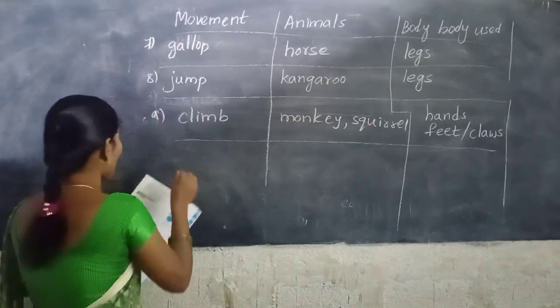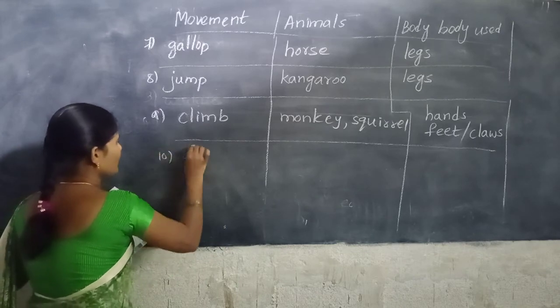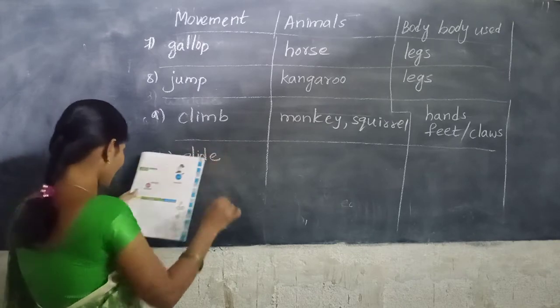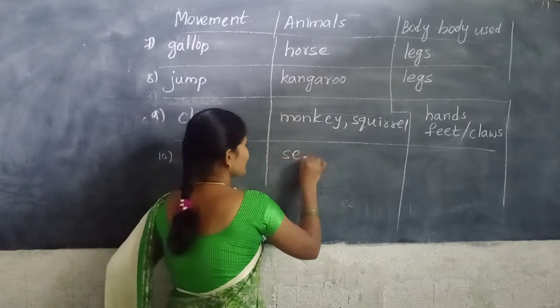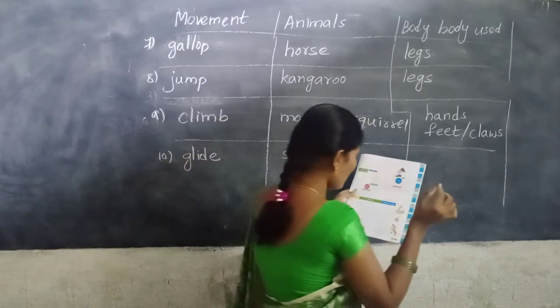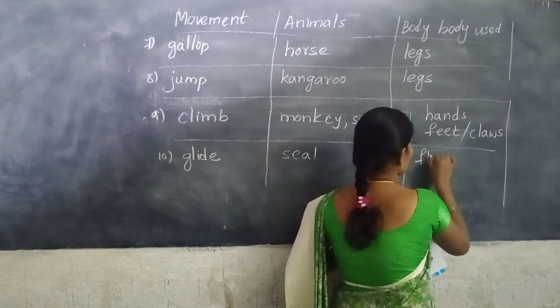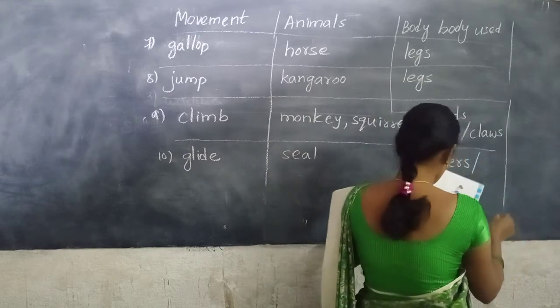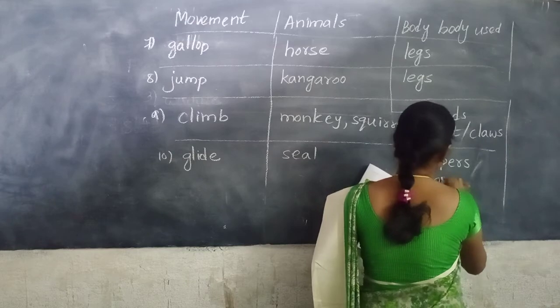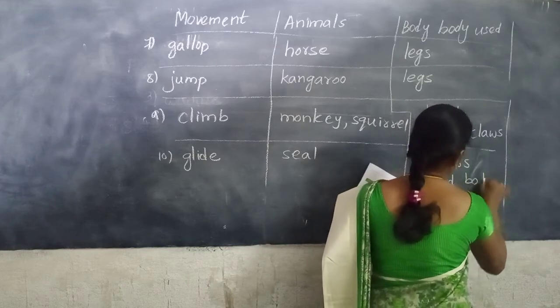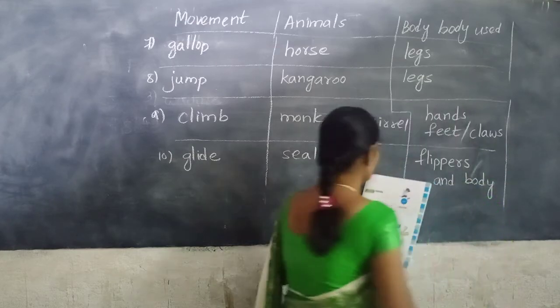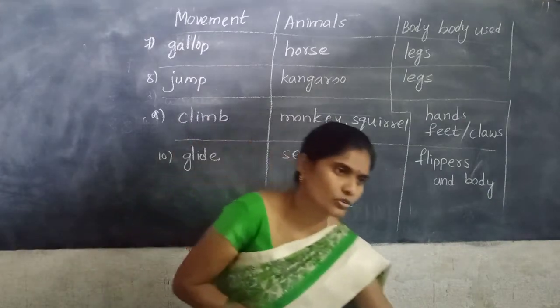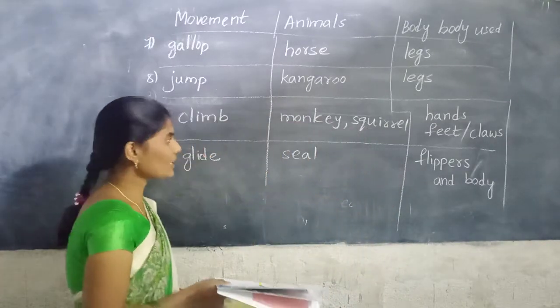Next, glide. The seal can glide by using flippers. Sometimes it uses its body also to glide. Okay, complete your answers.